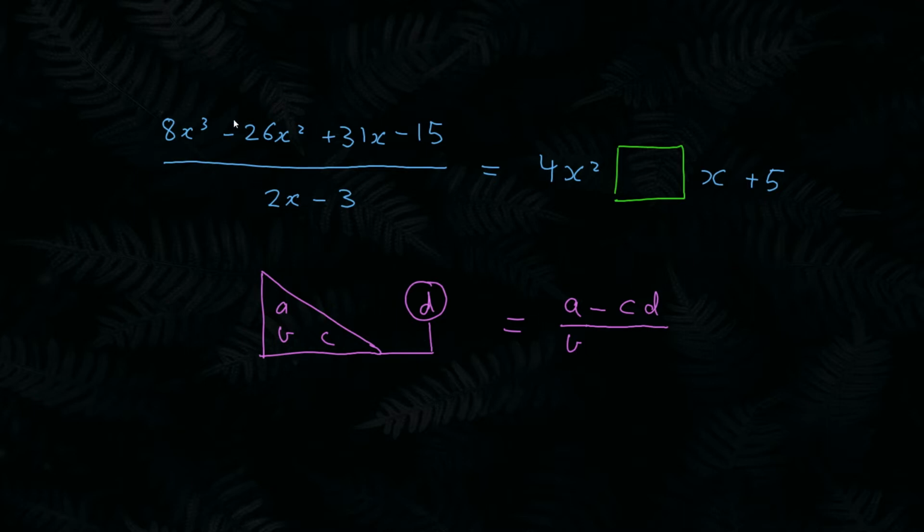So how does it work? Well, let's put a triangle here, get these numbers in the triangle, extend it out, capture that number, and then we just use this formula. And I want to emphasize here that A, B, C, and D are just the numbers, so we're kind of ignoring the x's. So for example, A is negative 26, B equals 2, C equals negative 3, and D equals 4.